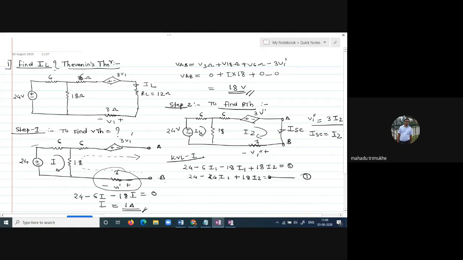Now you have to apply KVL to loop 2. You have to start from positive to negative, that is minus 18 I2.